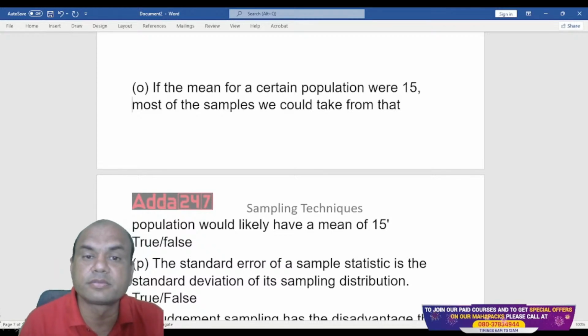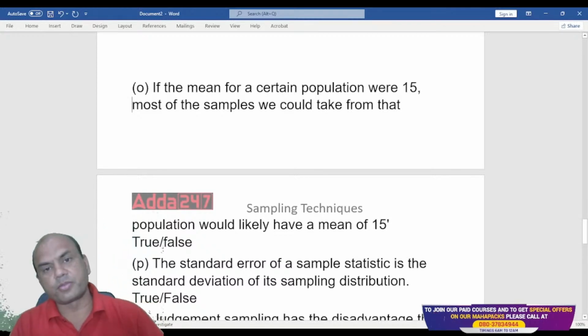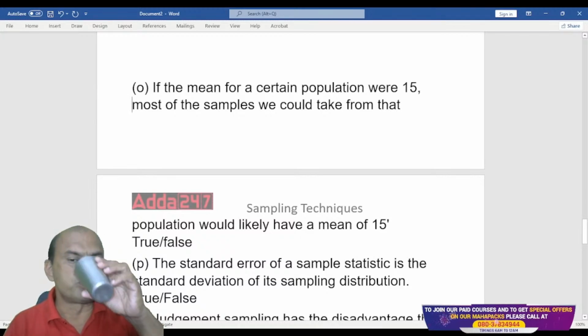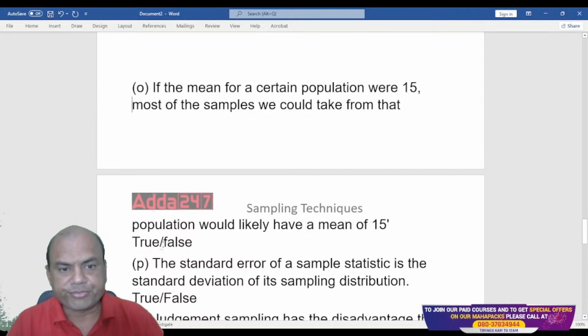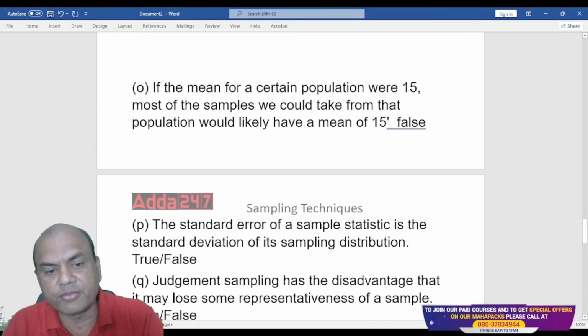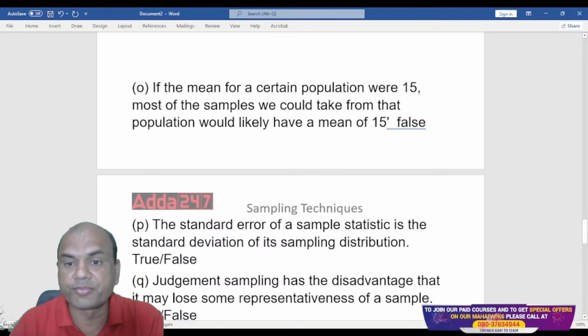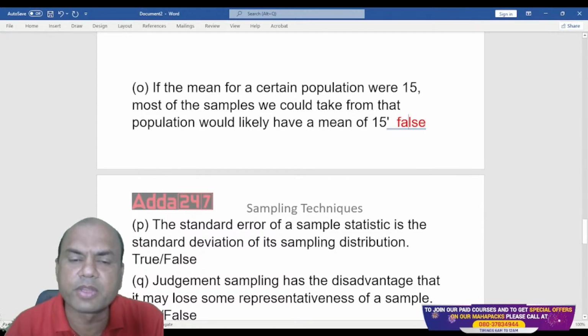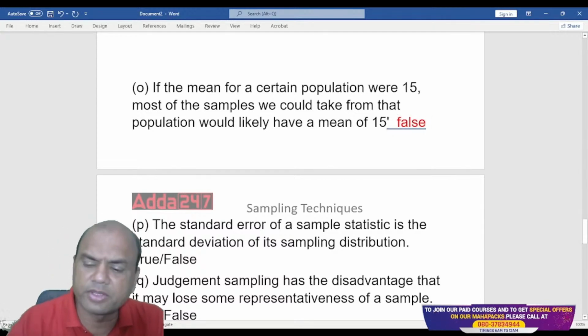Let me see first from your side. Are you saying true? It is false. Again, the answer is false over here. Why? Because it's not compulsory that the mean of the sample should be 15 only. I'll give you an example.